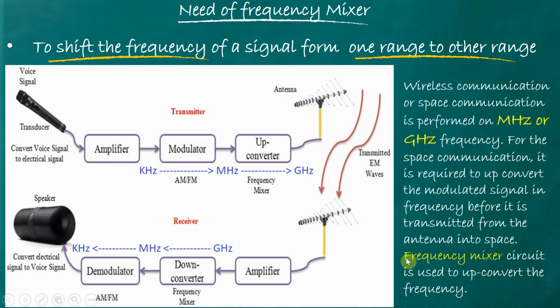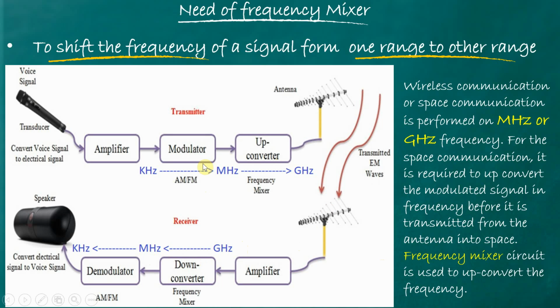That is the job of the frequency mixer: the frequency mixer circuit is used to up convert the frequency at the transmitter side. Similarly, this frequency mixer can be used to convert the frequency from gigahertz to megahertz, meaning for down conversion purpose, right?